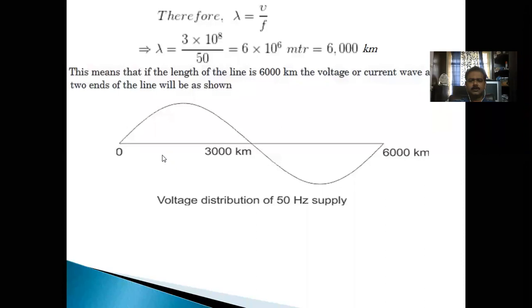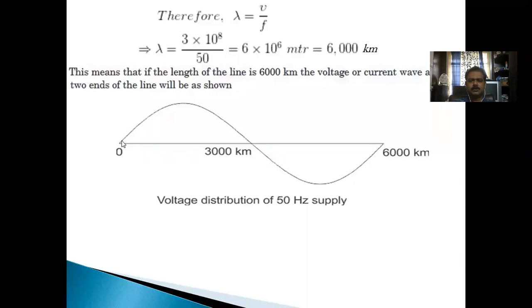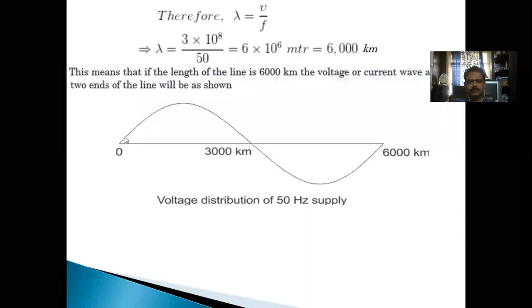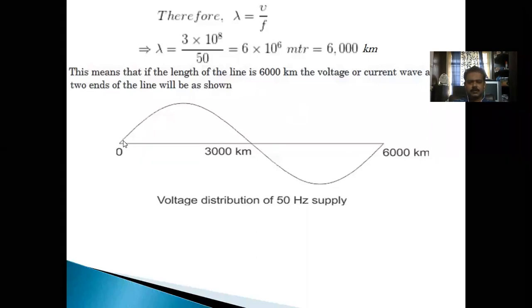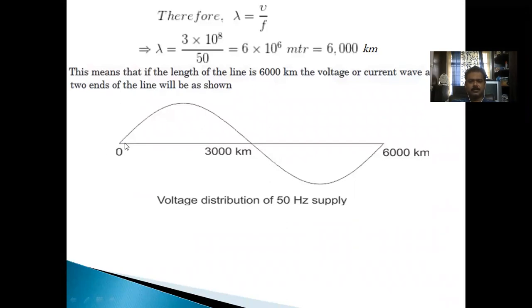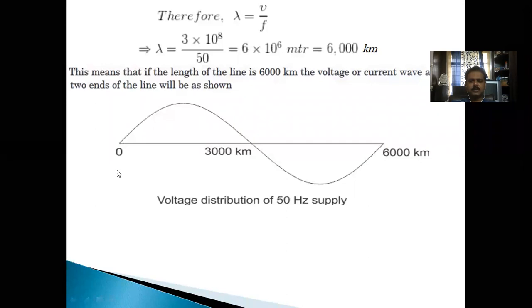Based on this waveform, the voltage distribution: if we consider up to 160 kilometers, in some textbooks that may be around 200 kilometers, up to that point the voltage or current variations are the same, whether we use distributed parameters or lumped parameters. If we use lumped parameters, the calculations will be easy.